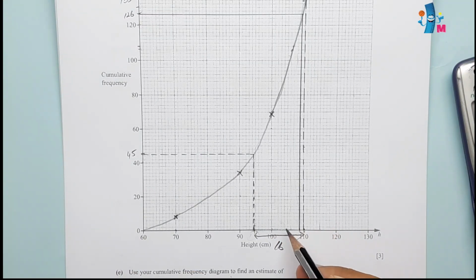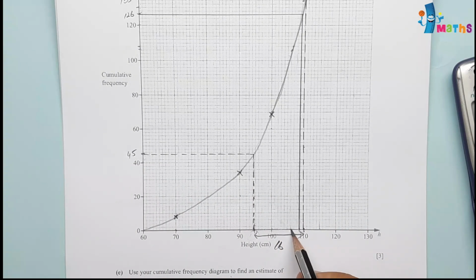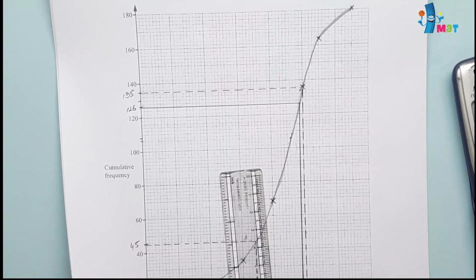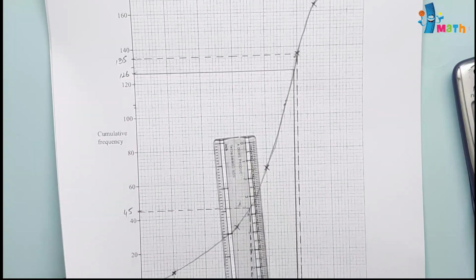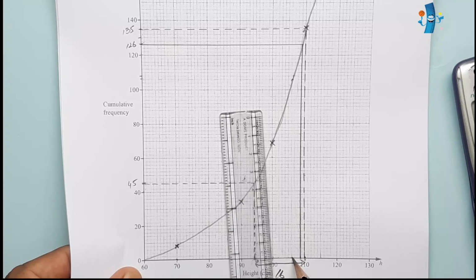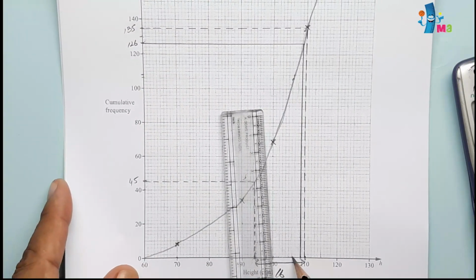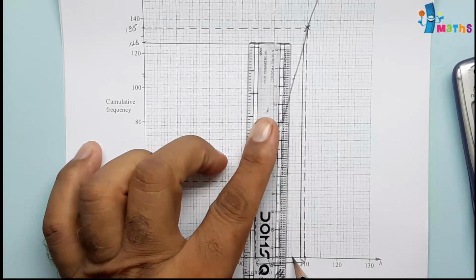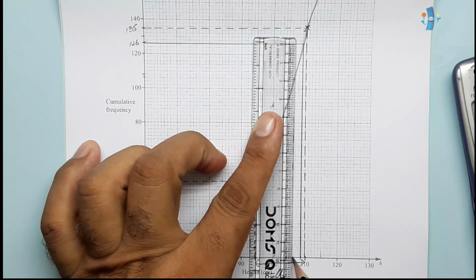So 106, 6 will be 1, 2, 3, 4, 5, 6. So if we draw a line for 106, I'll draw the line up to the graph. So this will be over here.